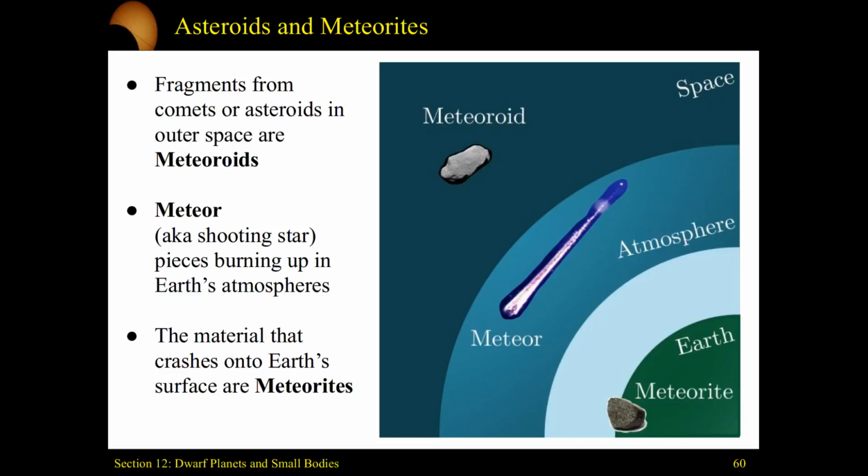So let's get our terminology correct here. A meteoroid is something that's floating around in space, most likely chunks of comets or asteroids that have broken off, just the fragments. The meteor, which many people often refer to as shooting stars, is anything that is flying through Earth's atmosphere and burning up. And you get that characteristic trail of material behind it.